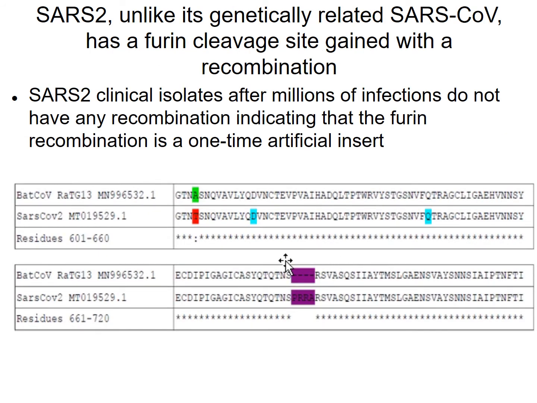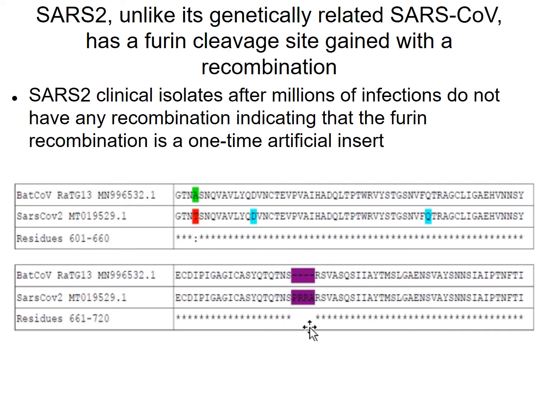So that's the third genetic alteration in the SARS coronavirus 2 spike protein, and those 3 features make this virus really unique among coronaviruses. And this area is the insert.